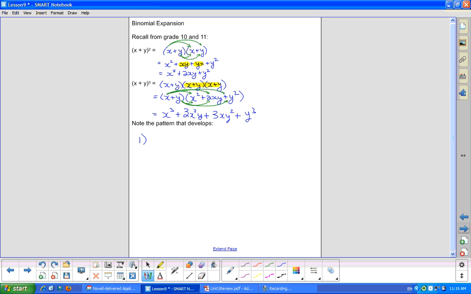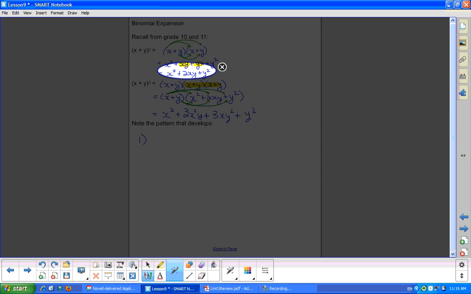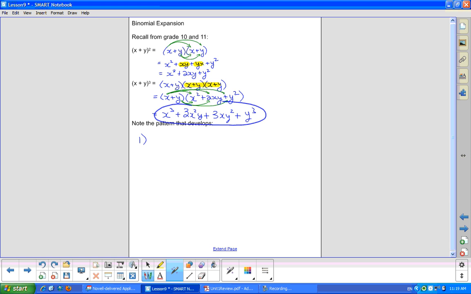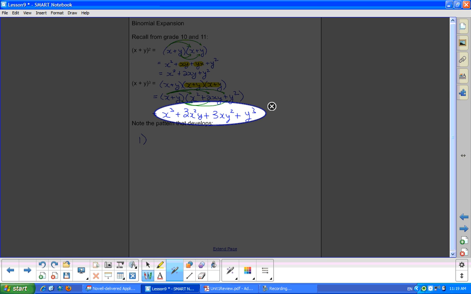So the first thing that we see in this expansion is that the x terms, if we look here, x squared starts with an x squared, ends with a y squared. Similarly, if we look at this one, it starts with an x cubed, ends with a y cubed. Now, if you look at the pattern in between, the x cubed becomes an x squared. In the next term, it becomes just an x, and then it disappears.